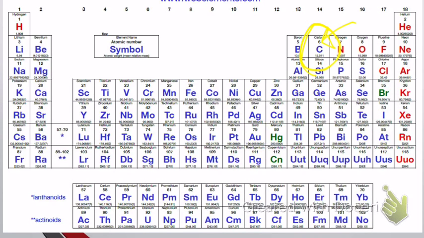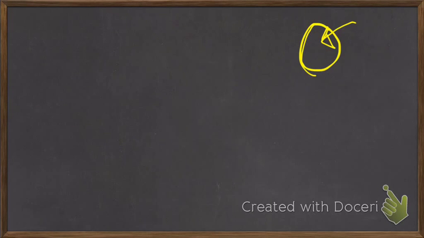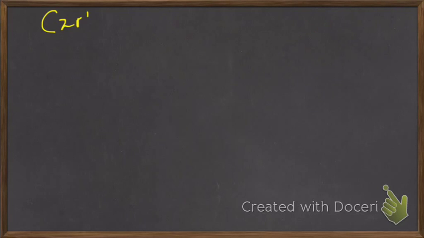So let's go back now to our carbon. We have carbon, and we have 6 electrons. Remember, no 2 electrons can be the same. So I'm going to write the C. We have a 1s orbital.